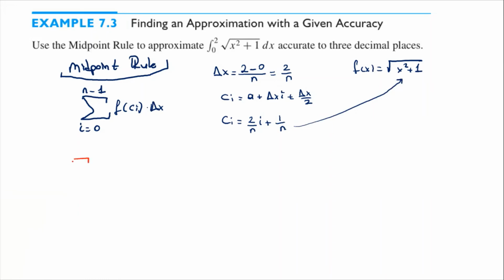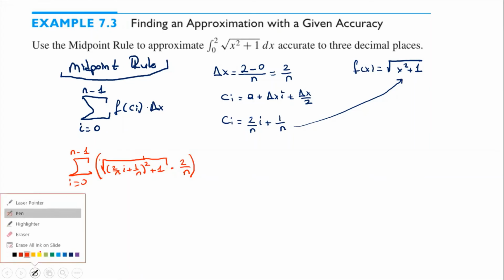I'm writing here, sigma from 0 to n minus 1, and in the bracket, the radical of (2 over n times i plus 1 over n) squared plus 1, then multiply this answer by delta x, which is 2 over n, right? This is the formula.